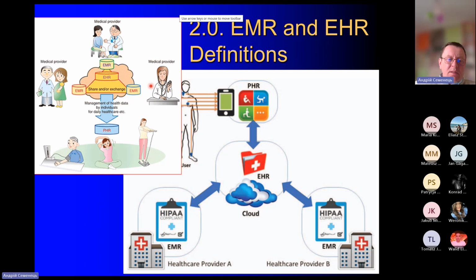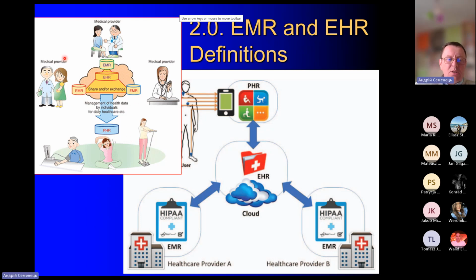So again, it will not be a very big mistake to talk about EMR and EHR as the same thing, but from the information technology viewpoint, they are quite different and belong to different systems. And finally, if the patient has access to some part of their EMR, or if the patient uses their own devices to make some personal monitoring, collecting personal medical data, in this case we are talking about creating a PHR, a personal or patient health record.